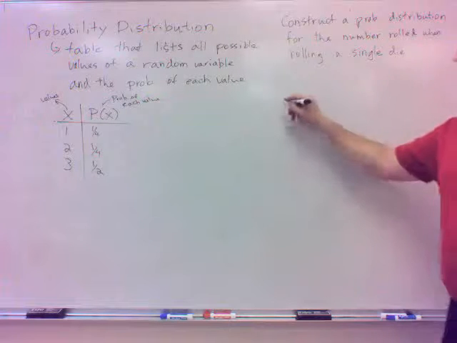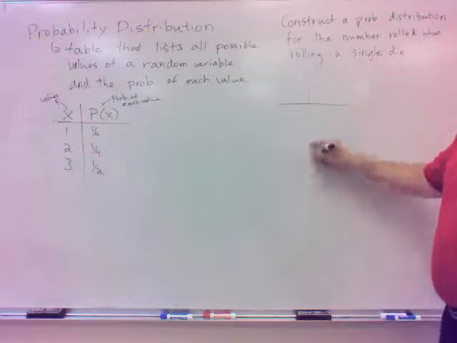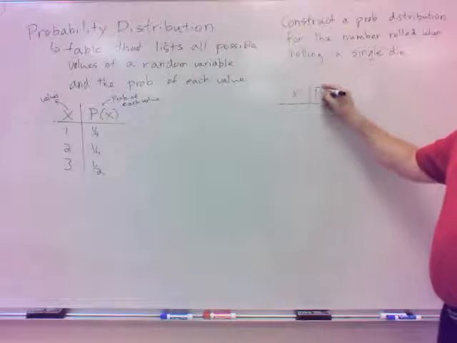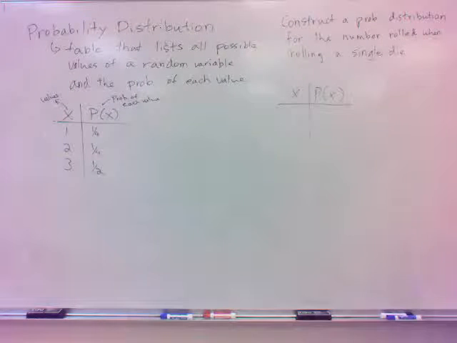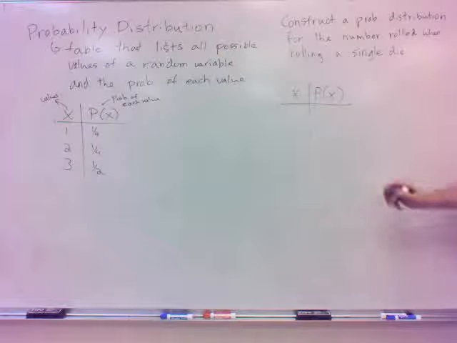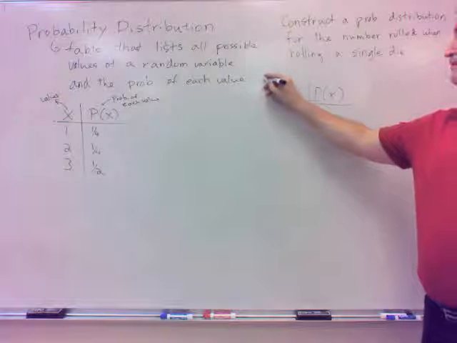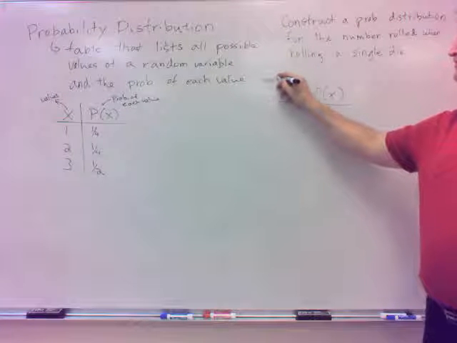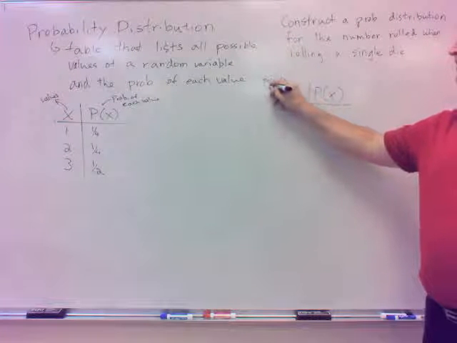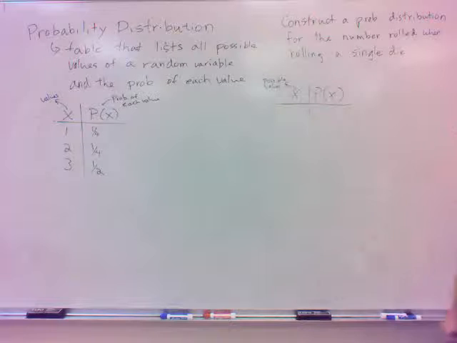Okay, so like I said, the table starts out pretty much the same here. Do your x and then p of x on the other side. X, again, x means what possible values do we have. We're going to list out each possible value x could have.